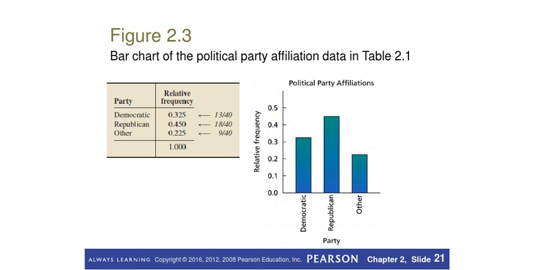We start with 0 at the bottom. And we draw a height equal to that relative frequency. So 0.325, pretty close to 3. It's not going to be exact science if we're doing this by hand. Republican, 0.45, so that's right between 4 and 5 as a height. Other, 0.225, just above the 2. There it is. Okay, so this is a relative frequency table.